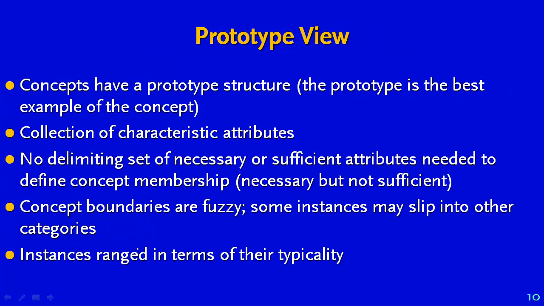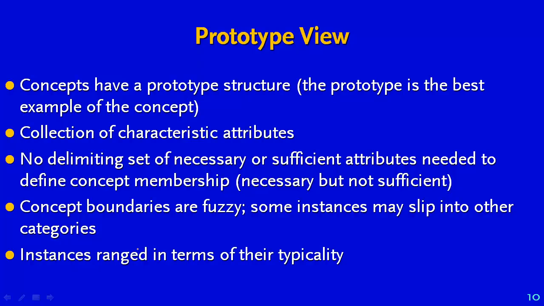So the prototype view, there's a prototype structure. You don't have classes, and you've got some prototype object which is the best example of the concept. So for example, a pigeon is the best example of a bird. A pigeon can fly, it's got wings and so on, it's got a beak, it eats worms and so on.